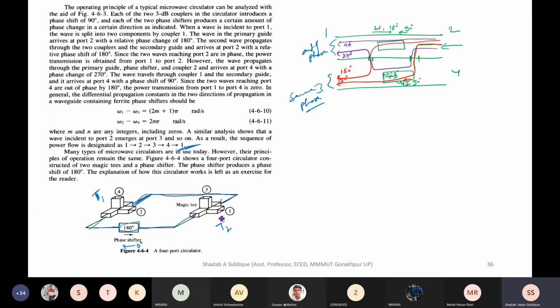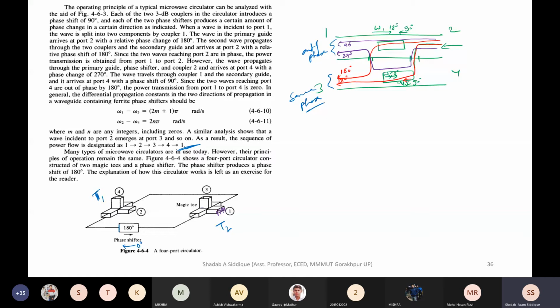If we apply input from port 1, then what will happen? I'll just remove all these. If we apply input from port 1 and take some wave from port 1, I'm talking about phase only.